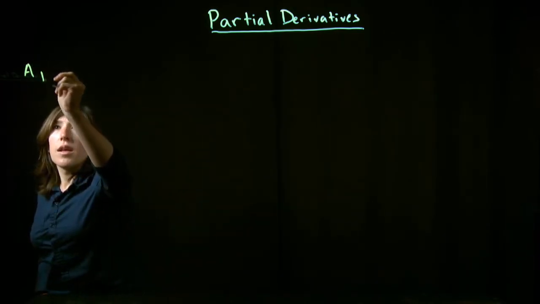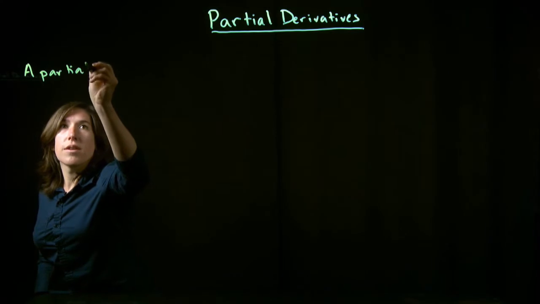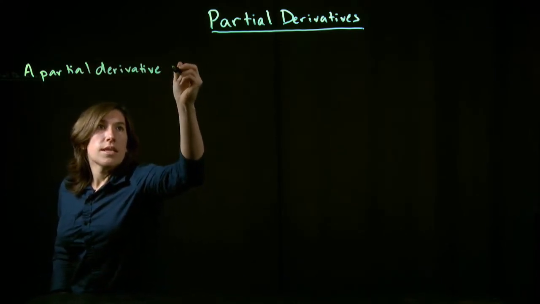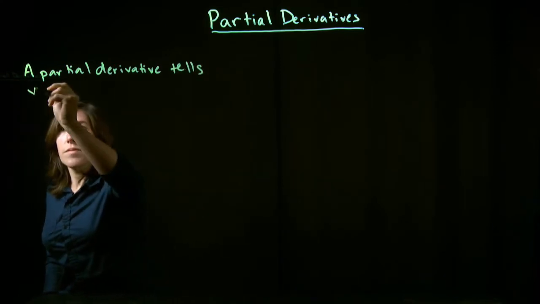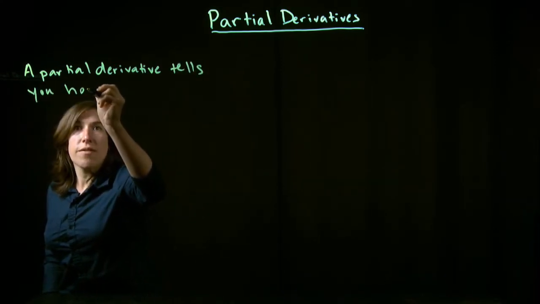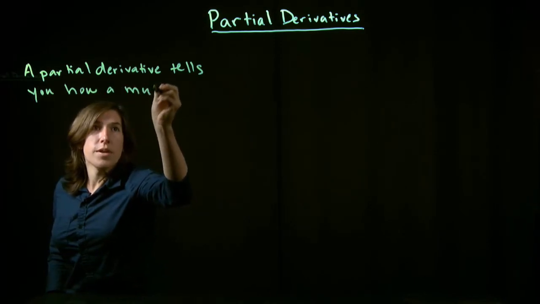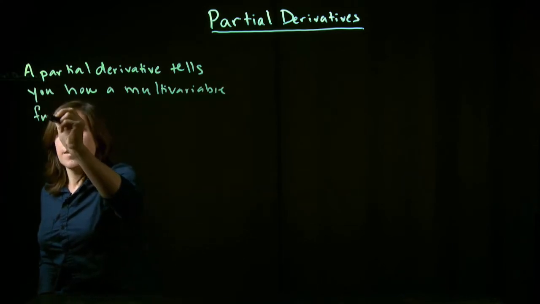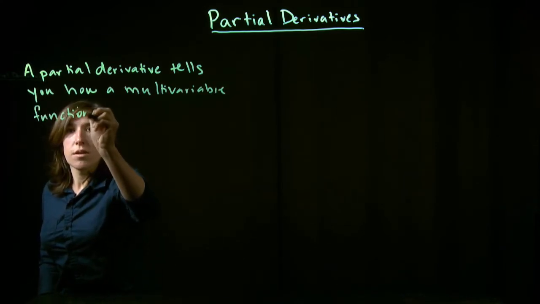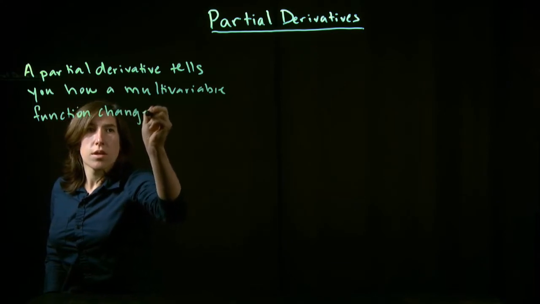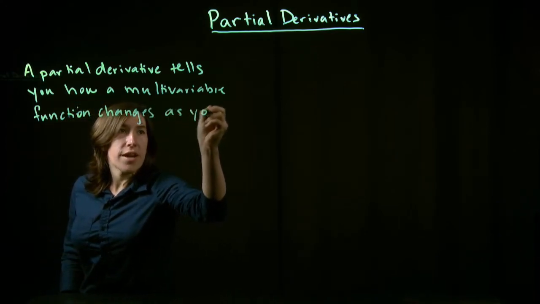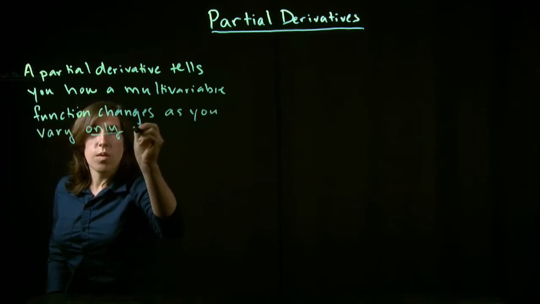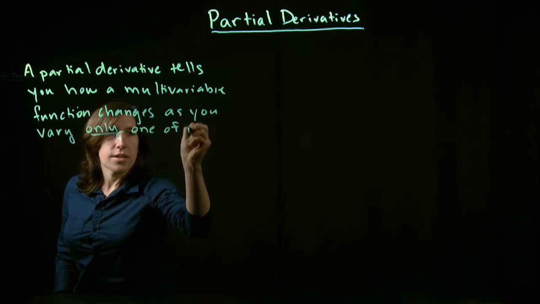So a partial derivative tells you how a multivariable function changes as you vary only one of its arguments.